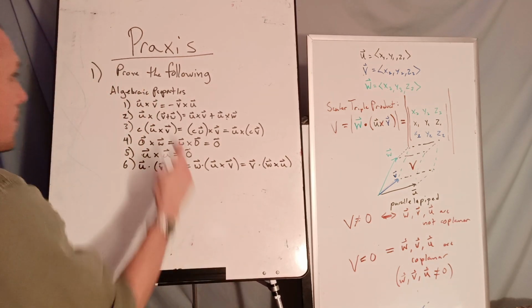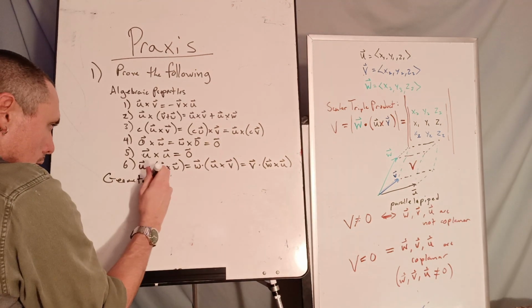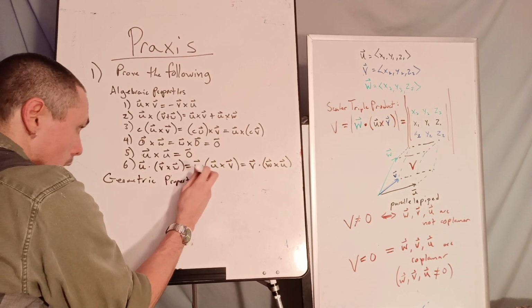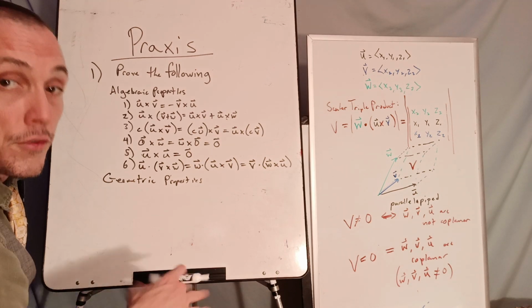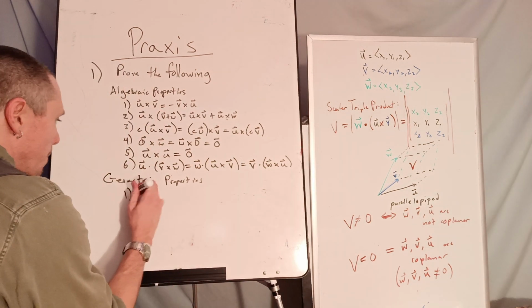Okay, so these are some algebraic properties. What about geometric properties? These we already talked about in the lecture, but some of them I didn't prove. You may want to prove them yourself. Number 1.